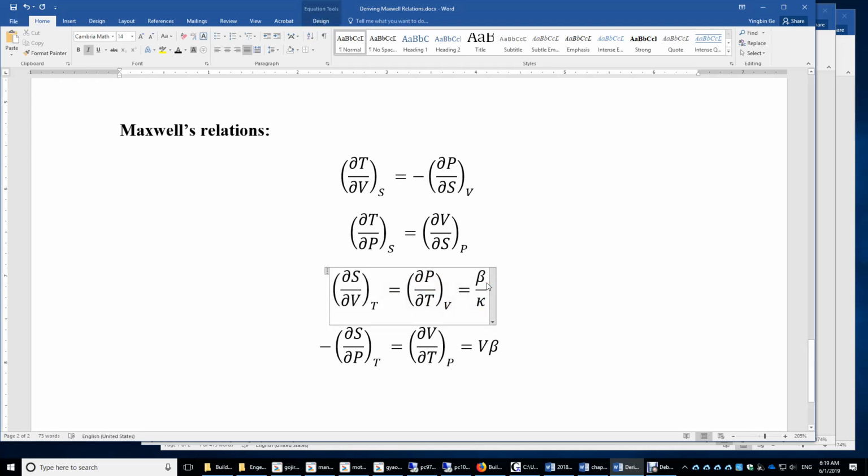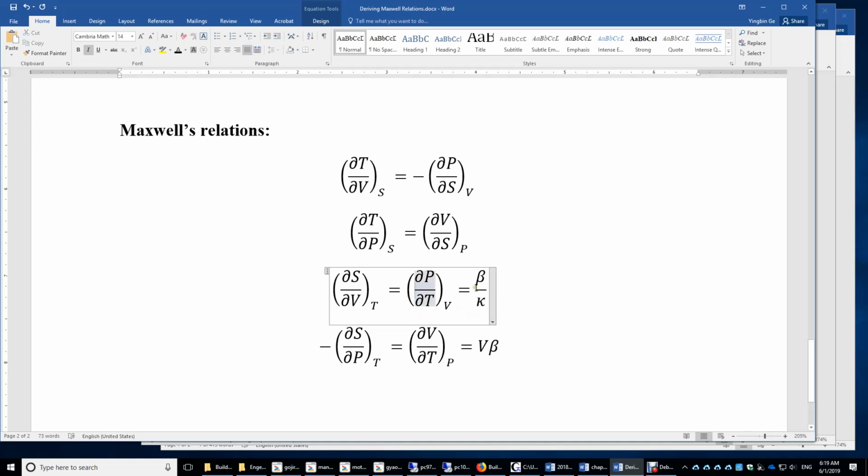Beta is how the relative volume change depends on temperature. Kappa is how the relative volume change depends on pressure. So beta is 1 over V times delta V over delta T at constant pressure, and kappa is negative 1 over V times delta V over delta P at constant temperature.